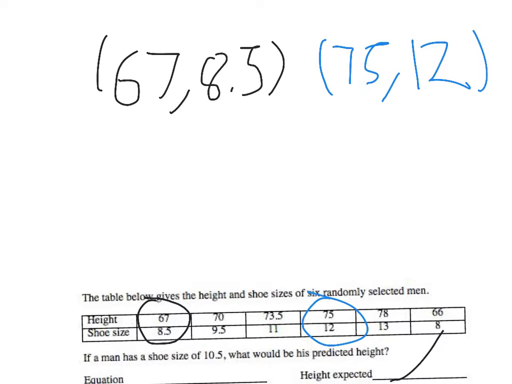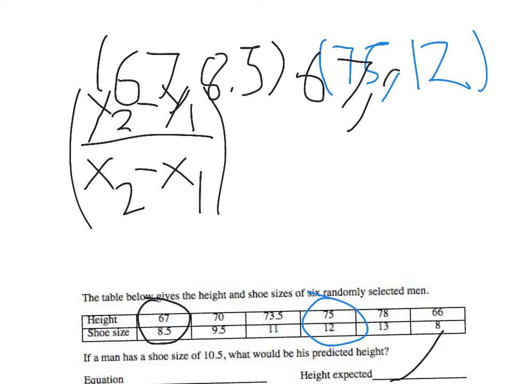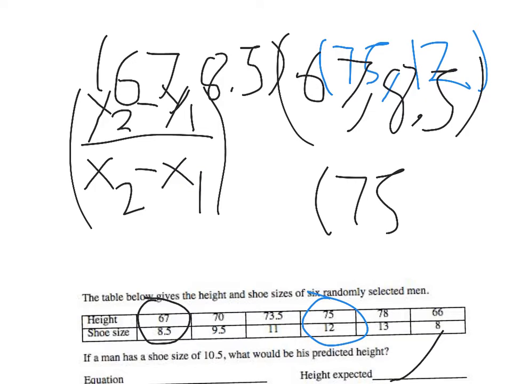Alright, so what we're going to do is write the equation out. y2 minus y1 over x2 minus x1. And we have to put our points here that we want to plug in. 67 and 8.5 and 75 and 12.